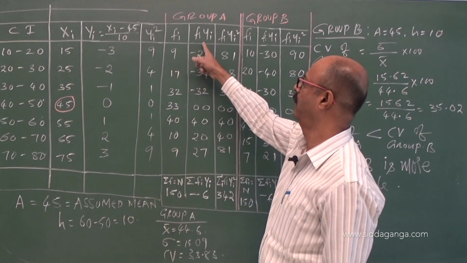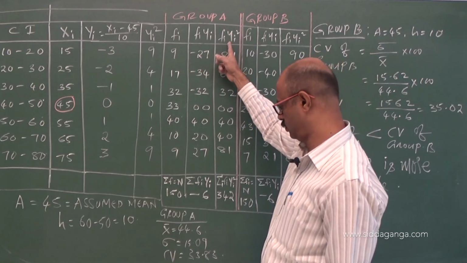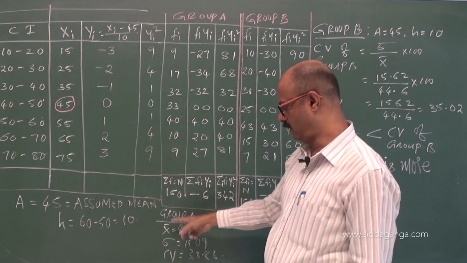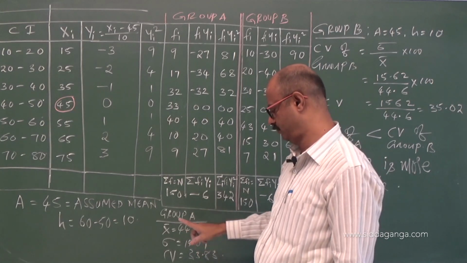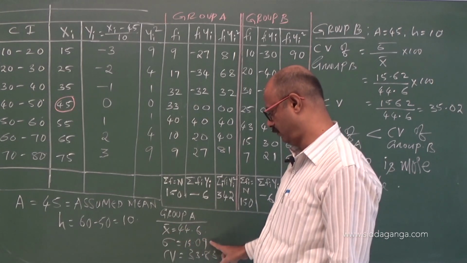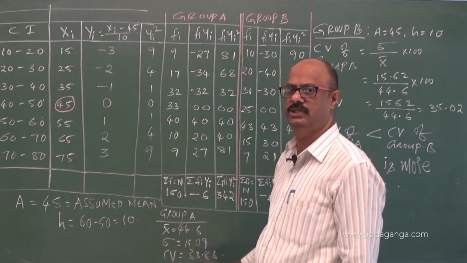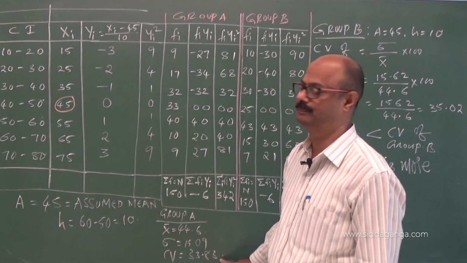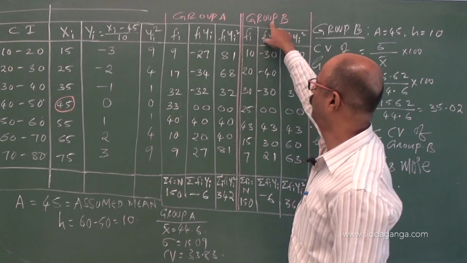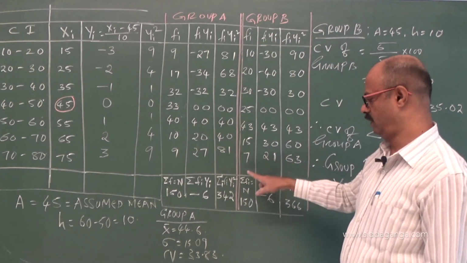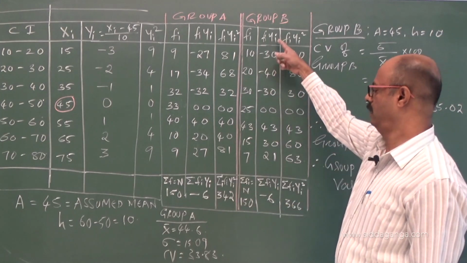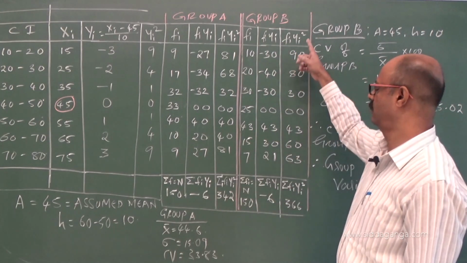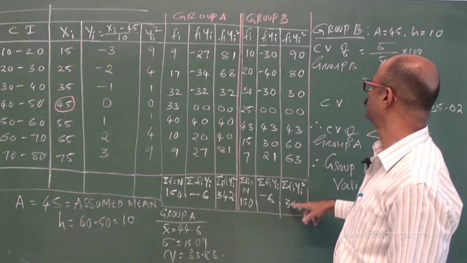Next we find fi into yi square. For group A, x bar mean is 44.6, standard deviation is 15.09 and CV is 33.83. For group B, the sum of all frequencies is 150, fi yi is -6, and fi yi square is 366.